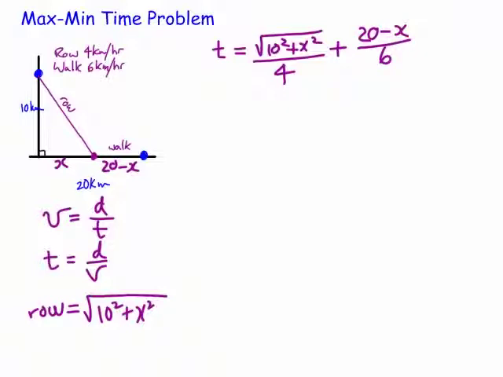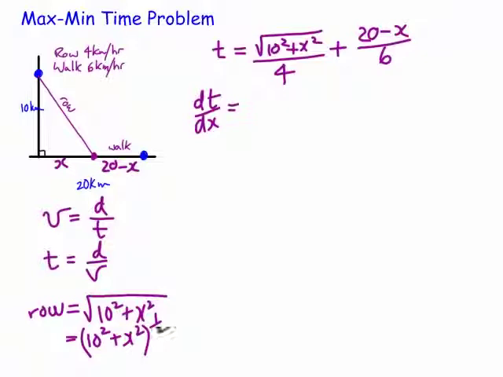That was the blue function on the demonstration. So what we have to do now is differentiate. We need to work out dt/dx. We need to write this expression as 10 squared plus x squared to the power of half.